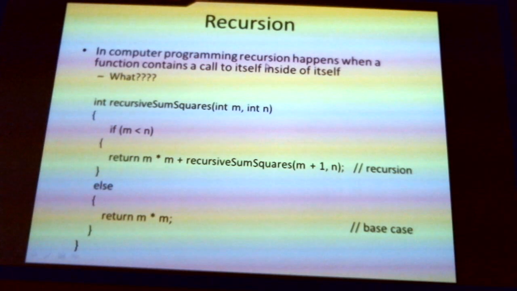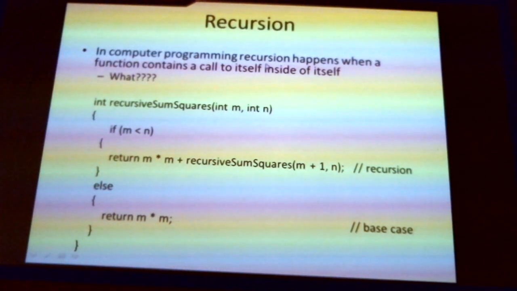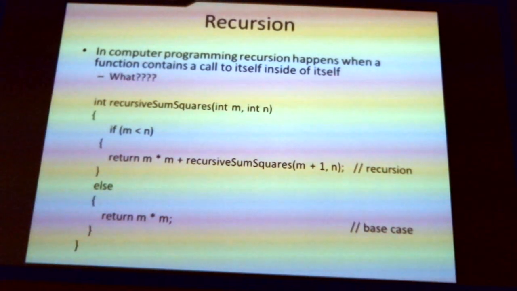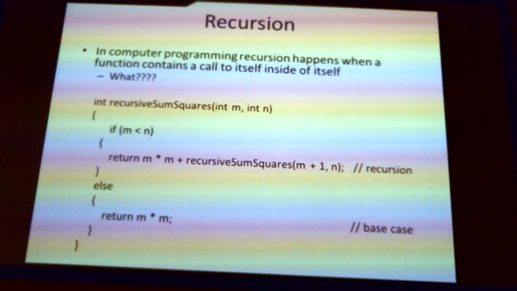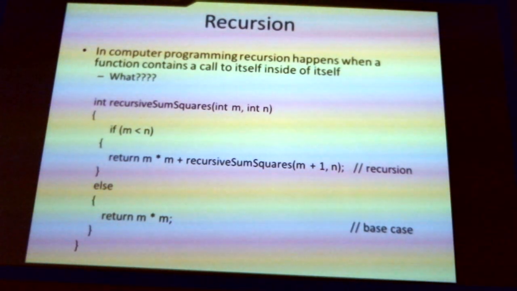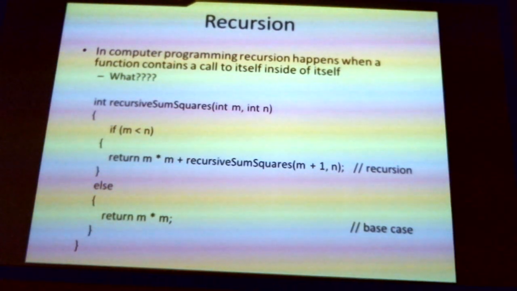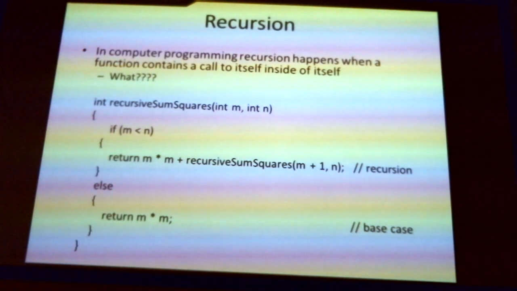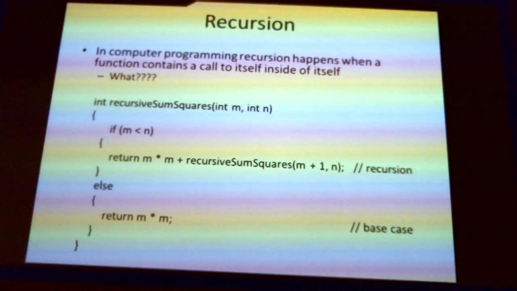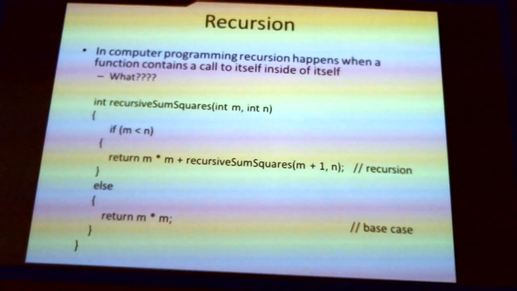Whereas recursion allows us to simplify our code. Recursion in and of itself is a function that calls itself, and here's an example of that. We're doing the recursive sum of squares, with our start value m and our end value n.